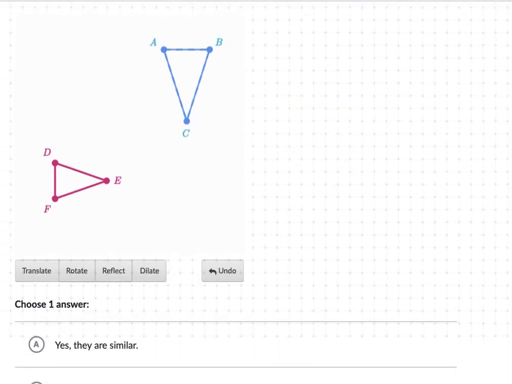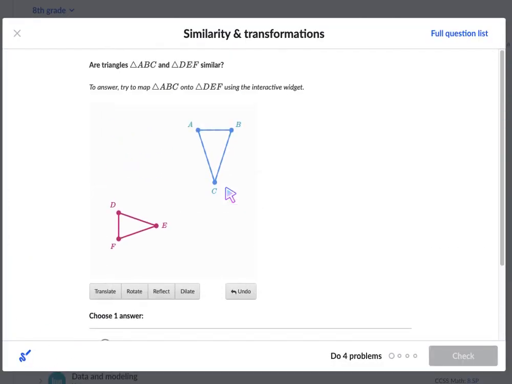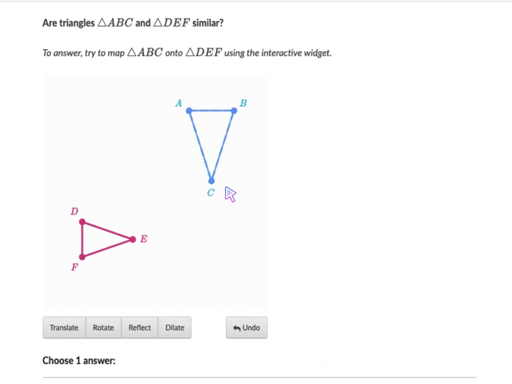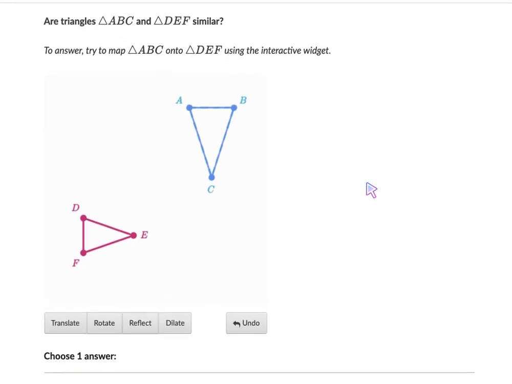However, you need to do that in order to prove whether it is similar or congruent. Remember, similar means that they don't have to be the same size, but they have to be similar. And congruent means they have to exactly map onto each other. So go ahead and pause the video and try this one out first.